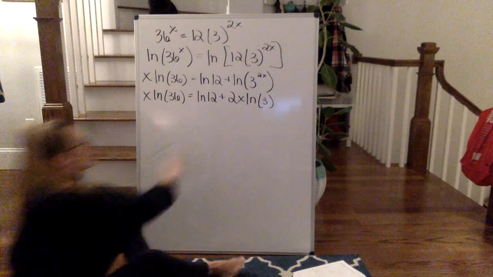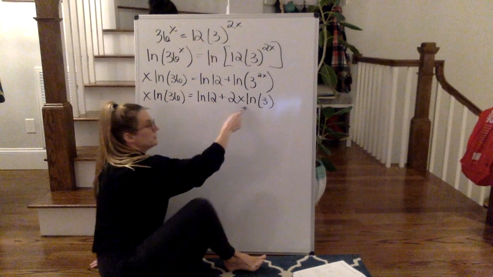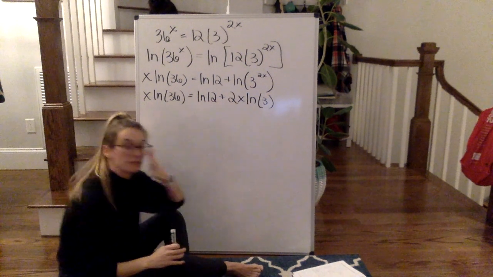We've now done the product property here. We've taken that 2x, we've popped it down in front. It becomes a multiplier, a coefficient on the ln of 3.